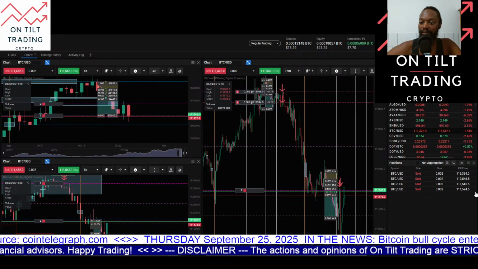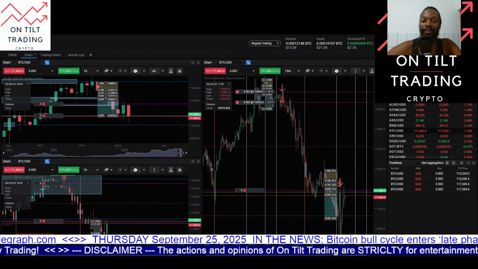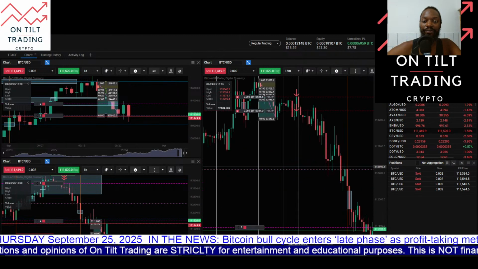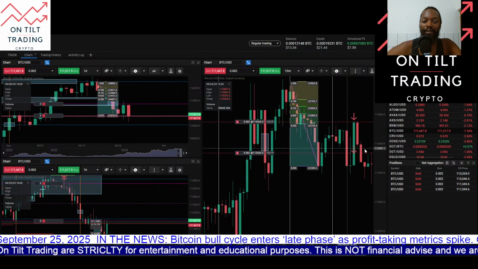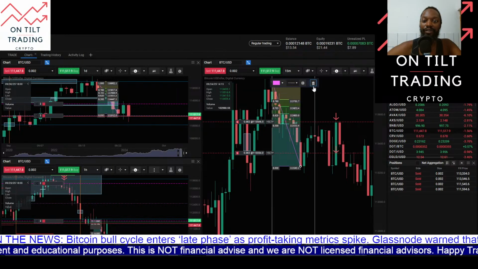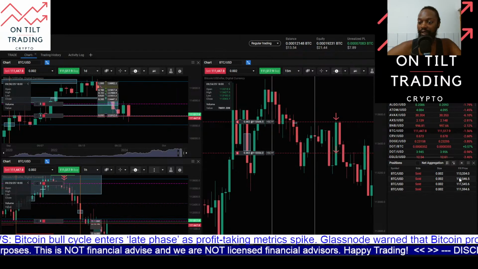And then if we come over to the 15-minute, we'll get into more detail on this position. So here, I will remove this Fibonacci retracement tool for now.